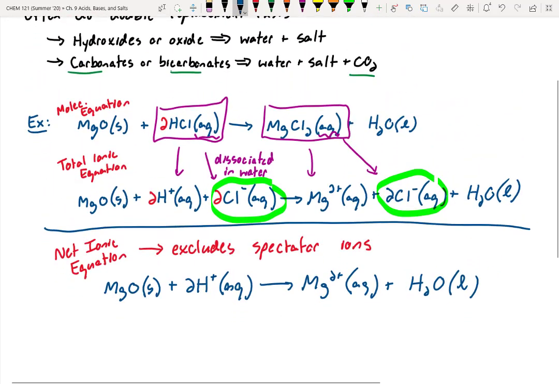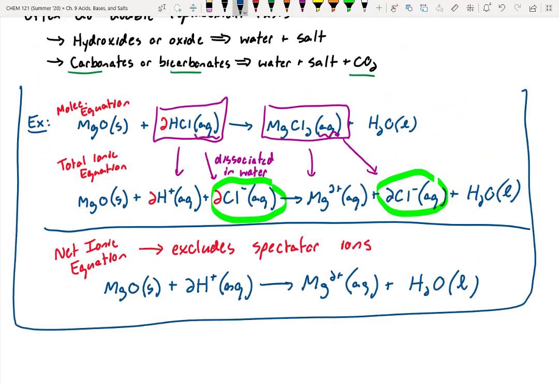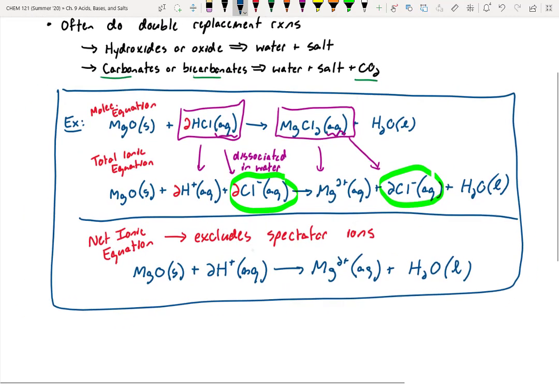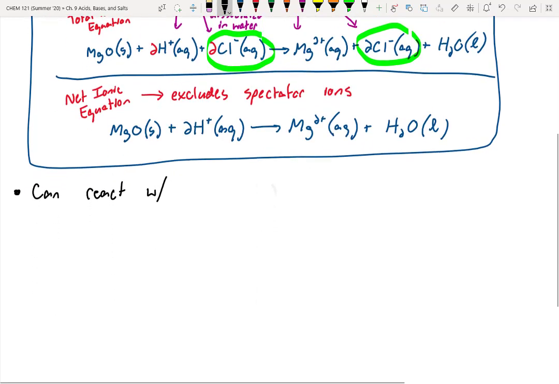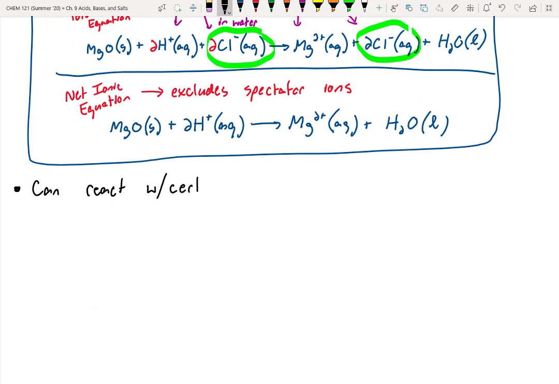Okay, so this was an example for what was above here, but we're not done with this bullet point list. All right, so I'll start this bullet point list up again down here, but the next bullet point is that acids can react with specific metals, or certain metals, I could say, to produce H2 gas, right?